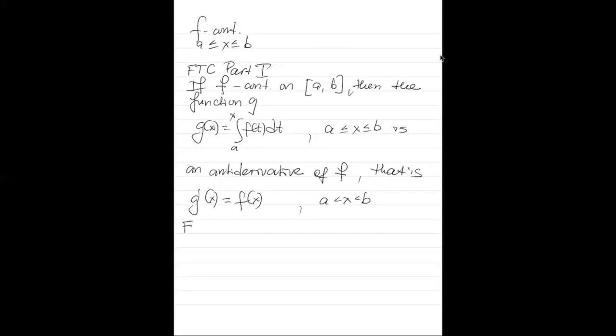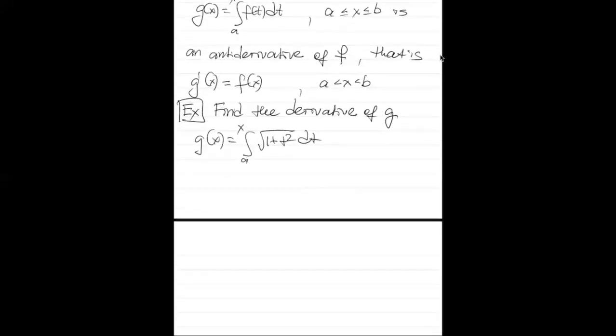So example, to clarify this, find the derivative of g, where g is the integral from a to x of the square root of 1 plus t squared dt. So we notice we don't have to integrate here. We don't have to find what g of x is. We need to find g prime of x. So first, what is our f of t?